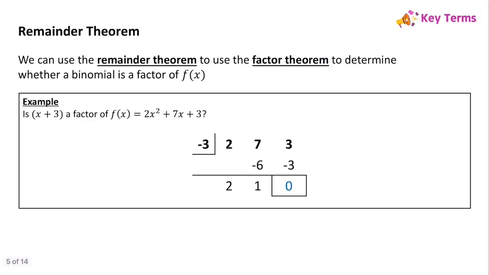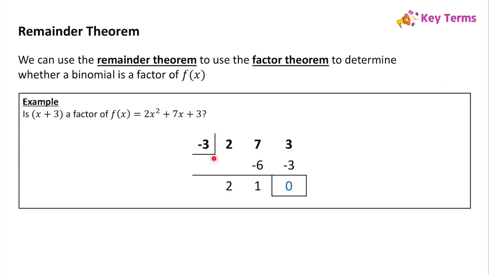So the remainder theorem can actually be used with the factor theorem to help us determine whether a binomial is a factor. Remember we said that instead of using direct substitution, we can use synthetic substitution. For example, if we were trying to check if x plus 3 is a factor, we know x plus 3 corresponds to the root x equals negative 3.